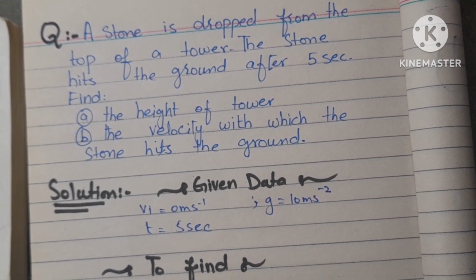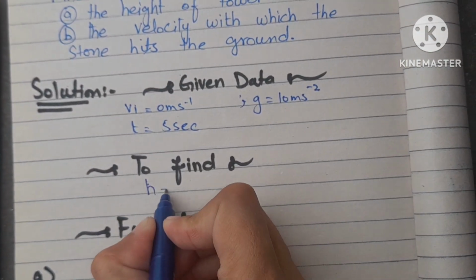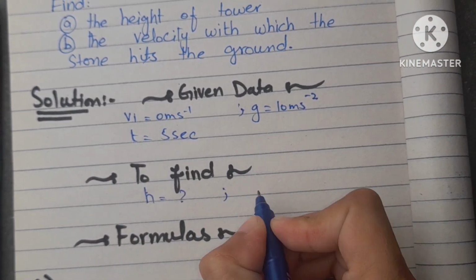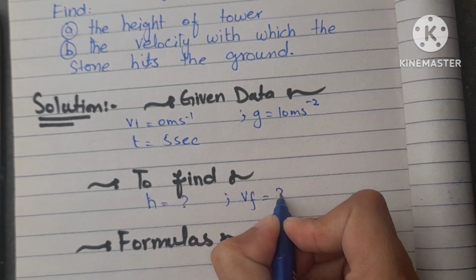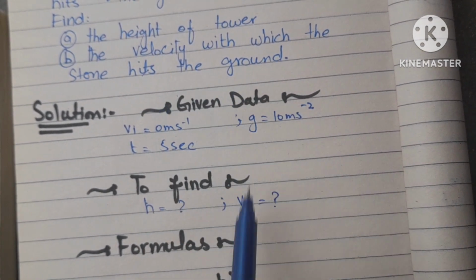And to find: the height of the tower, h, and the velocity Vf, the final velocity with which the stone hits the ground.